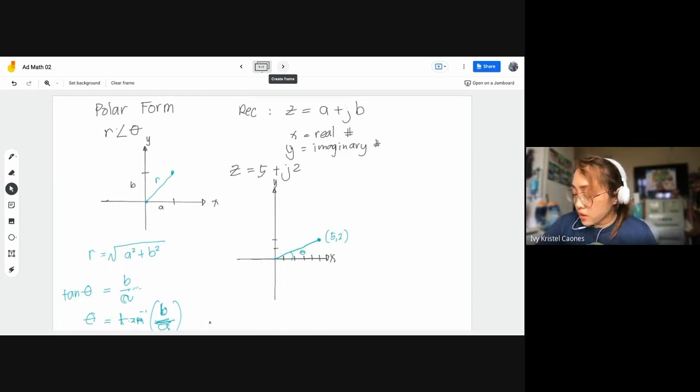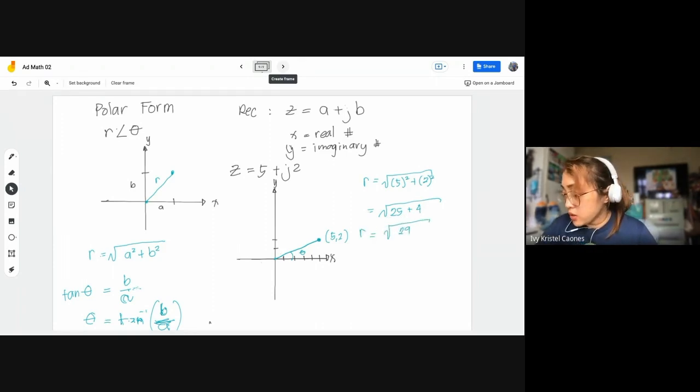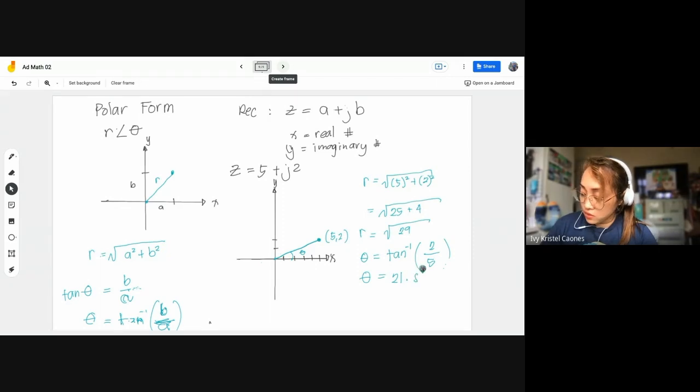So, what is the value of r? That is square root of 5 squared plus 2 squared. So, that is square root of 25 plus 4. That is square root of 29. So, r is square root of 29, and your theta will be arctangent of 2 over 5, 21.8014 degrees.